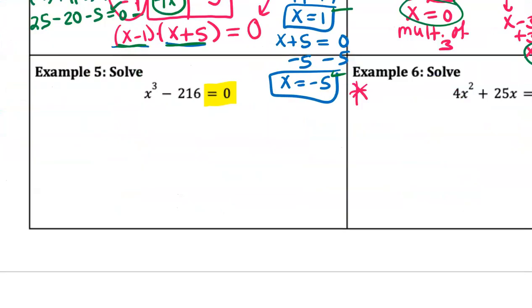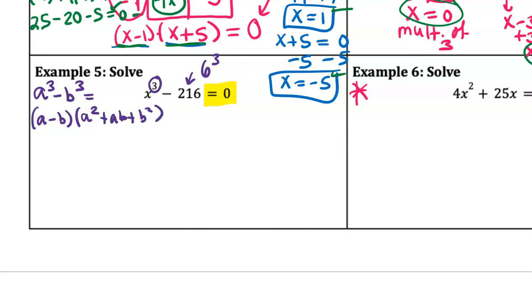Okay, so in example 5, this is one of our special products. Not sure if you're noticing, but I've got a cube here and a cube there, because 216 is 6 cubed. So this is in the form of a cubed minus b cubed, which according to the formula says it can factor into a minus b and then a squared plus ab plus b squared.